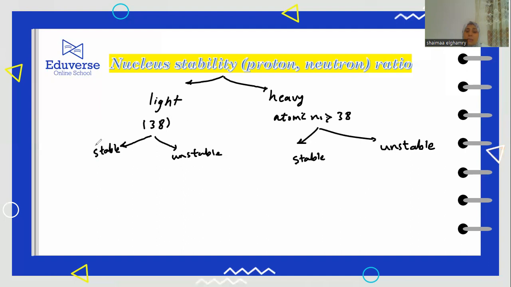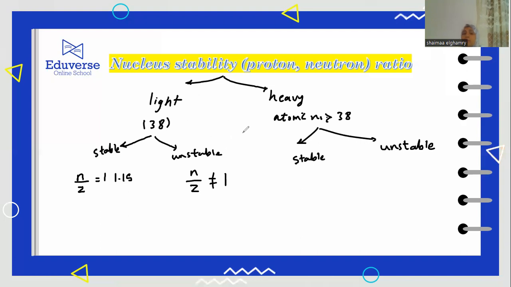In light stable, the ratio between number of neutrons and the number of protons should be equal 1, or it may reach to 1.15, but not exceeding that. Unstable, the ratio of N over Z not equal 1, so it will not be stable element.